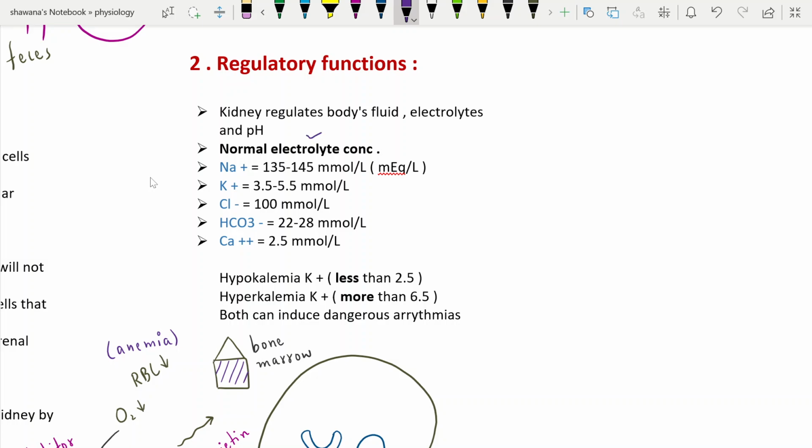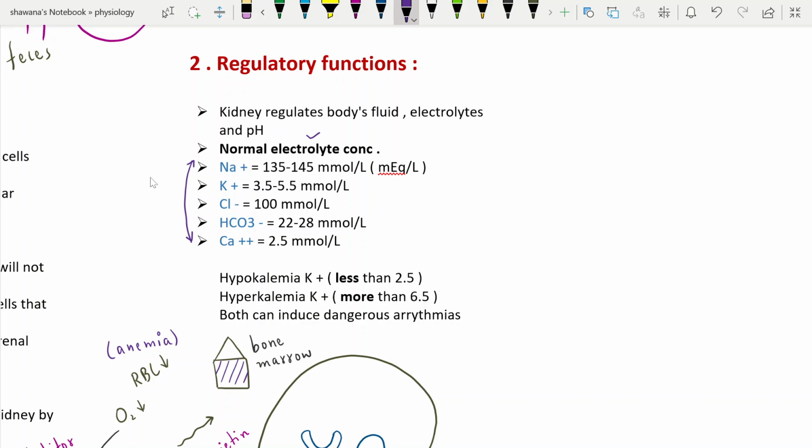So, electrolytes. First is the sodium. I will discuss the main ones. There are many of them, but the ones relevant to the laboratory test and for you are only these. I think these would be enough. First is the sodium. Sodium should be maintained at 135 to 145 millimole per liter.